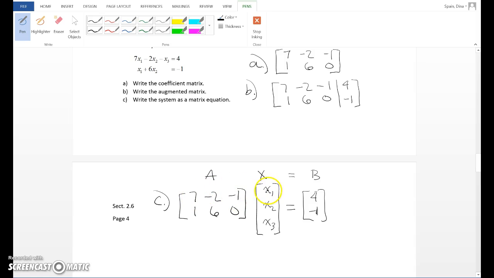So you would have 7 times x1, plus -2 times x2, which is minus 2x2. Then you have -1 times x3, which is minus x3. Then for the second one, you would have 1 times x1 plus 6x2 plus 0 times x3, which is just nothing.